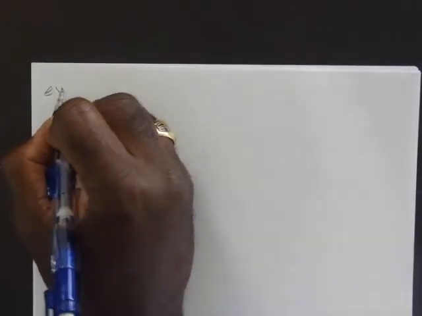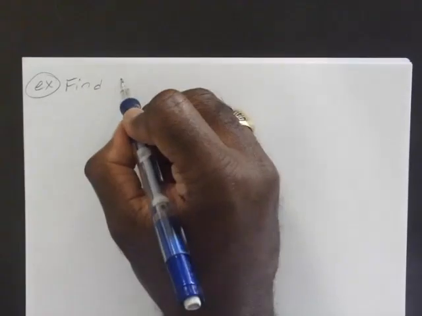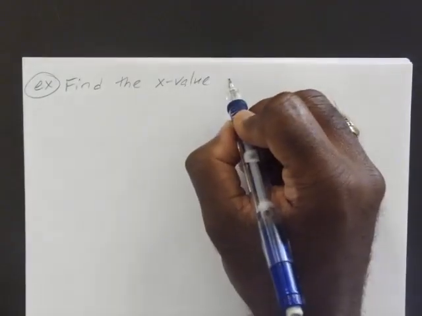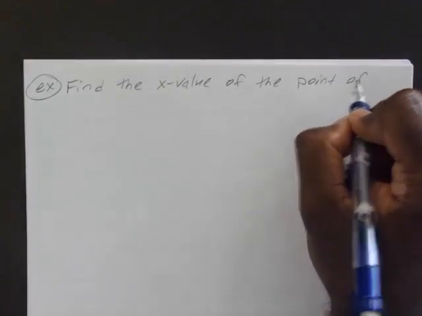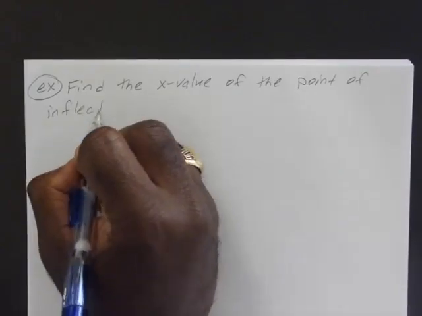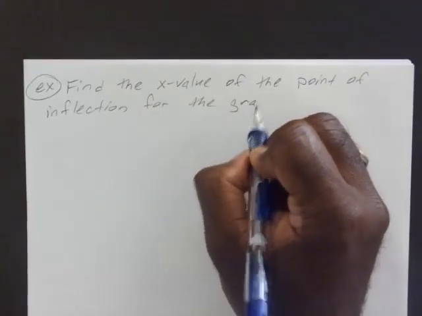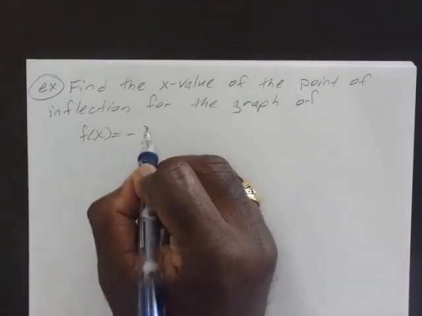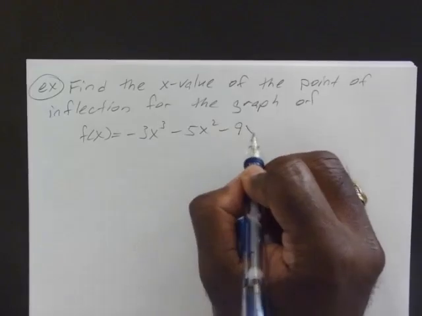So let's say, for example, we wanted to find the x value of the point of inflection for the graph of f of x is equal to negative 3x to the third power minus 5x squared minus 9x minus 2.